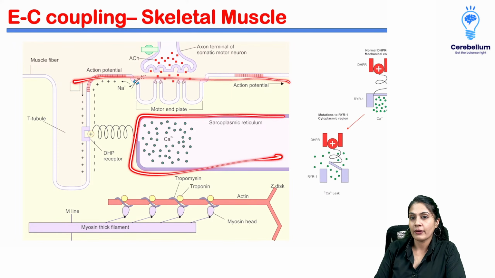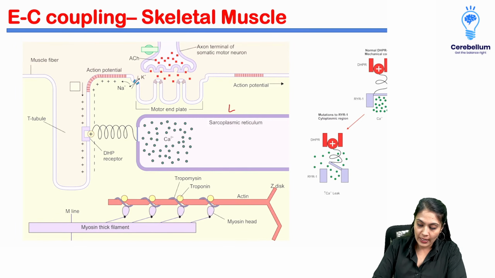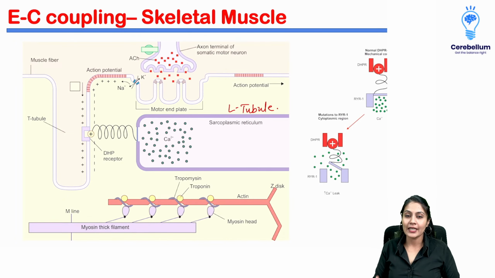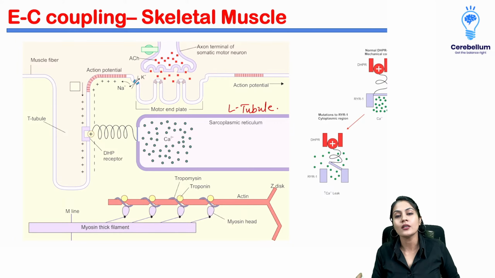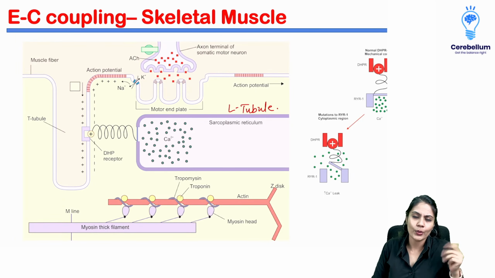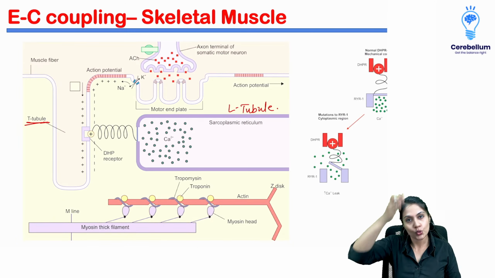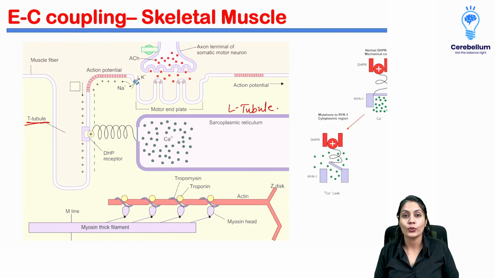We have the L tubule. And what is this L tubule? This L tubule is nothing but the sarcoplasmic reticulum itself, right? It is longitudinal to the sarcolemma, so we call it the L tubule, and this tubule is transverse to the sarcolemma, so we call it the T tubule. So there are two tubules.